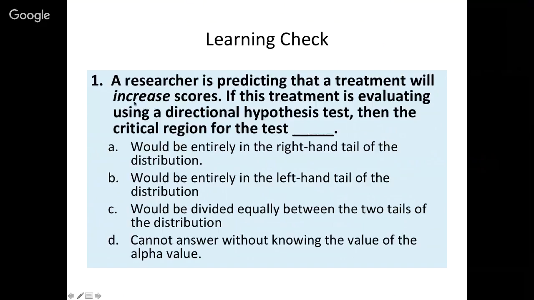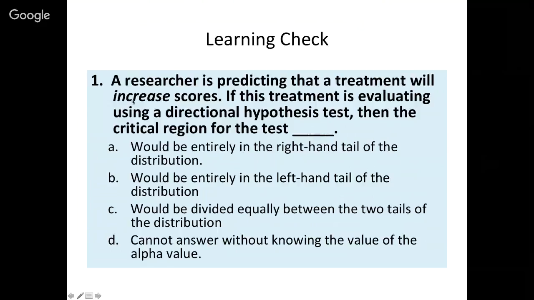Consider the increase. The critical region for the increase will be entirely in the right-hand tail of the distribution. It means we are assuming the population after treatment will have a mean greater than the original population mean, so it's on the right-hand tail.